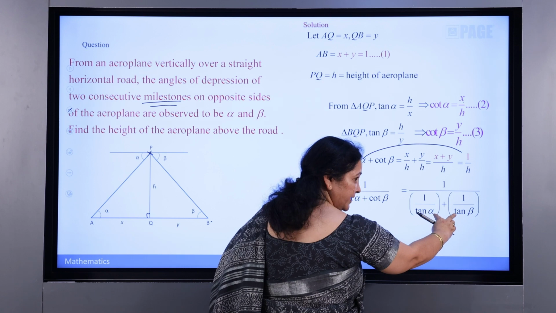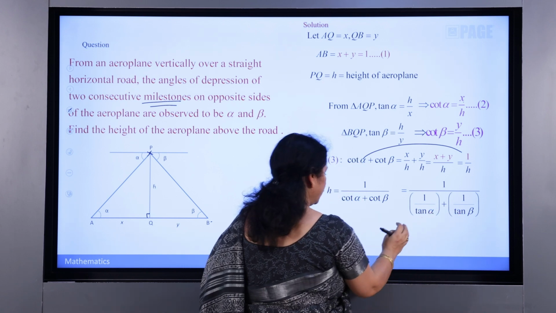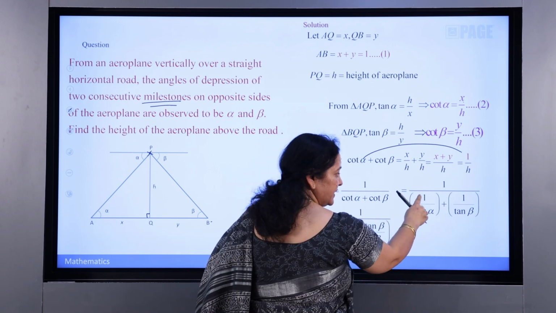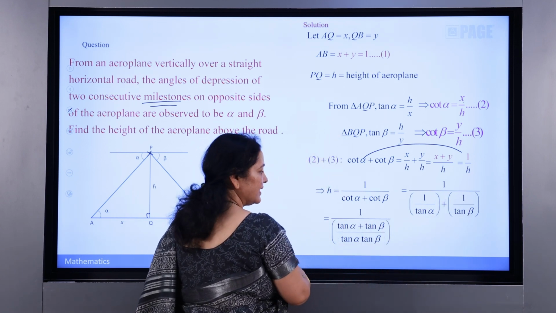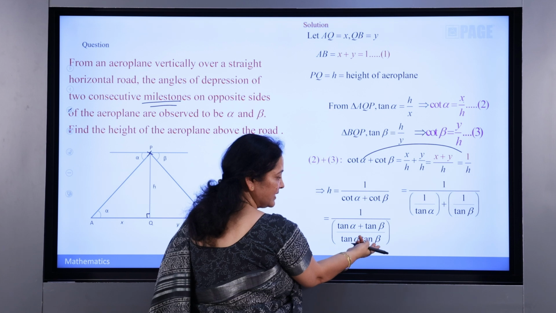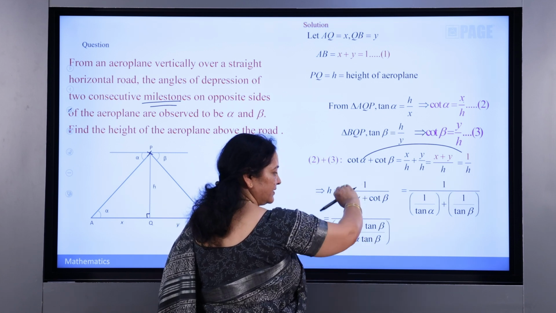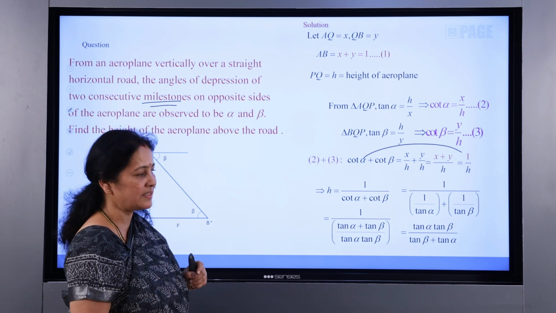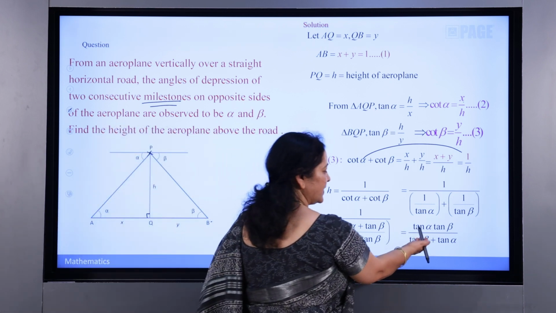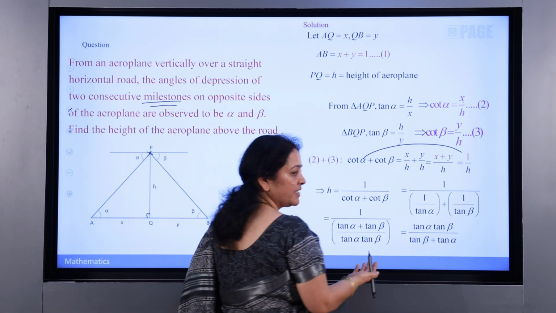Tan alpha into tan beta would be in the denominator. So check, this would be tan beta plus as it is, this into 1, that is tan alpha. I can write it as tan alpha plus tan beta. Now take the reciprocal. So tan alpha tan beta by tan beta plus tan alpha, or this is as good as writing tan alpha plus tan beta, makes no difference.